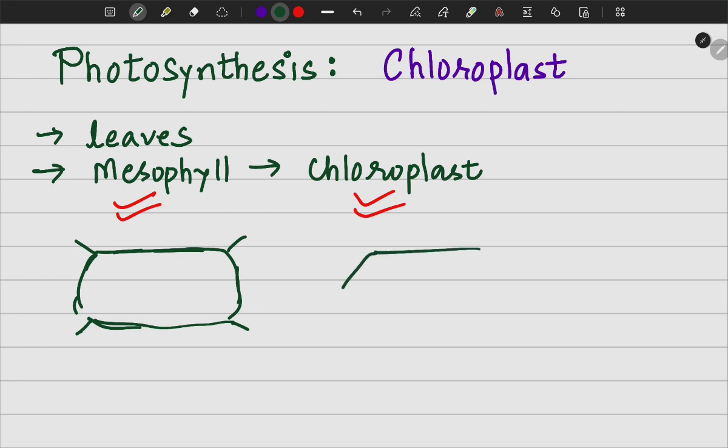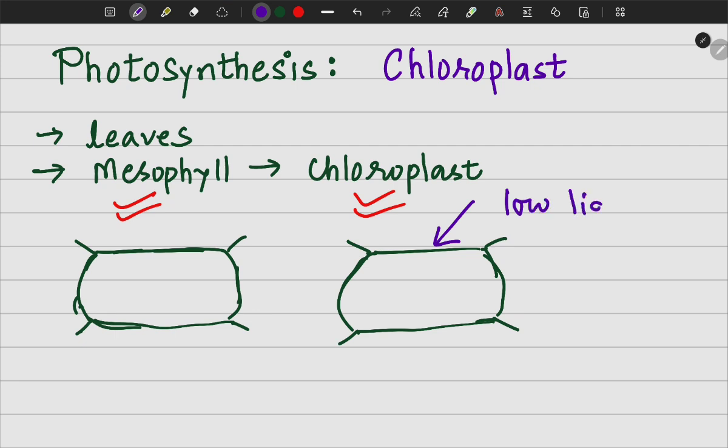The arrangement of chloroplast will depend on the intensity of the incident light. So if the incident light is of low intensity, whenever there is a condition of low light, then these chloroplasts will align parallel to the cell wall of the mesophyll cell in order to absorb the highest amount of sunlight.